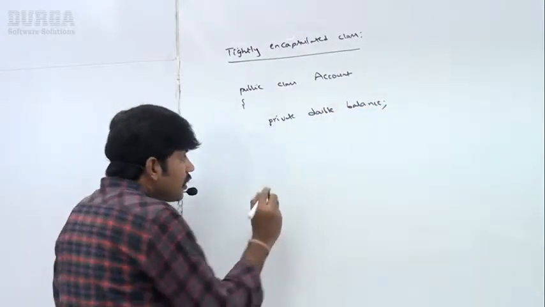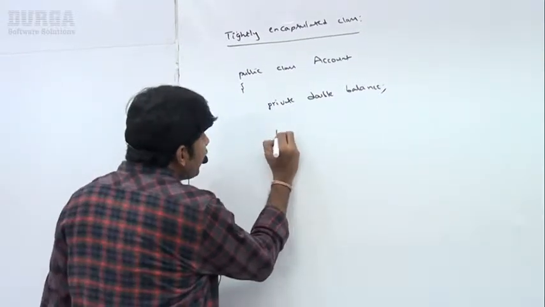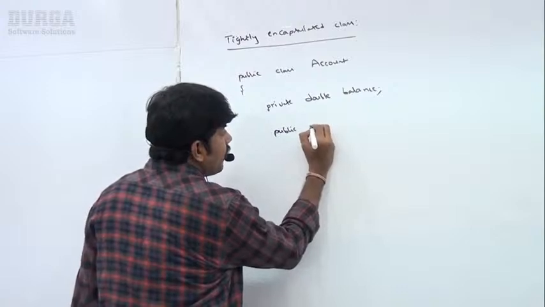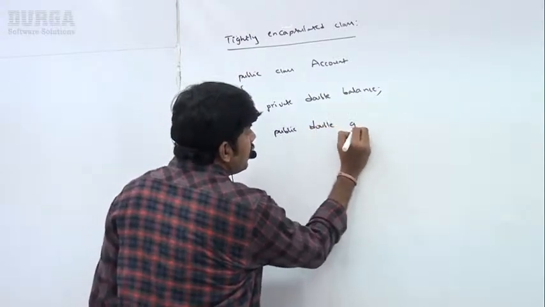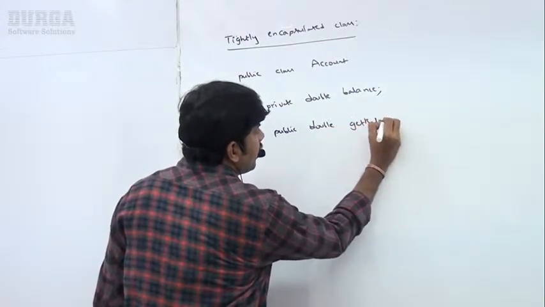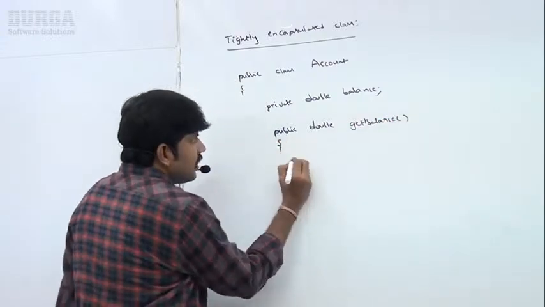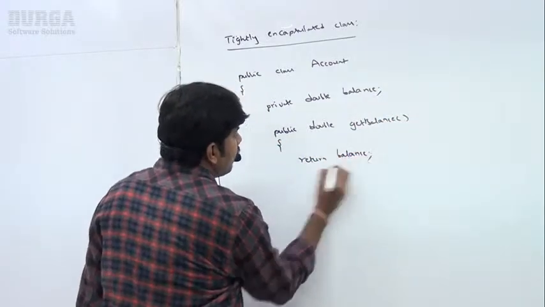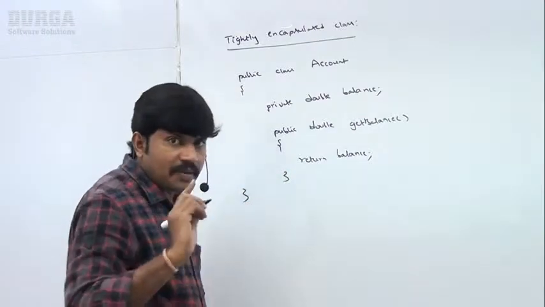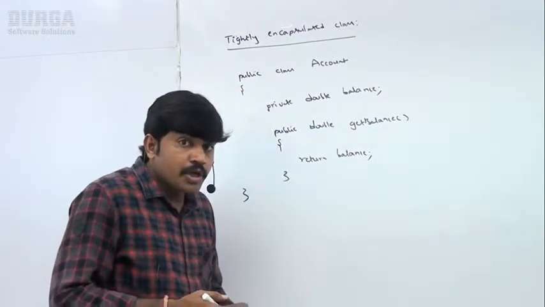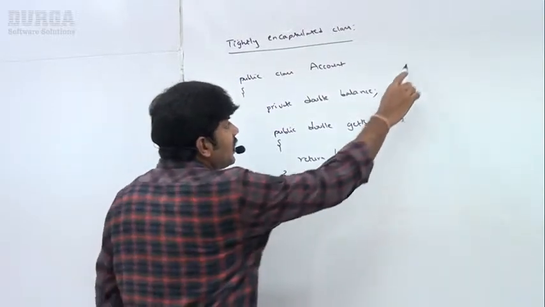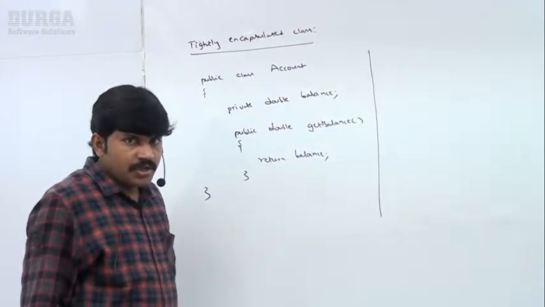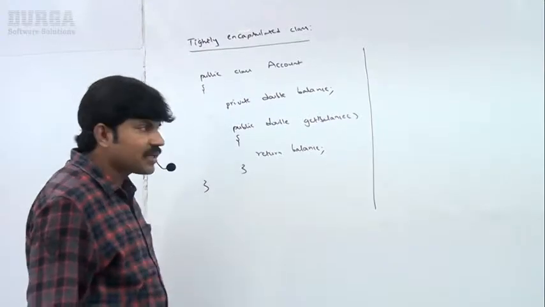Now the point is, I also take public double getBalance, which returns balance, like this. Can you please confirm, is it a tightly encapsulated class or not? You respond. Is it a tightly encapsulated class or not?